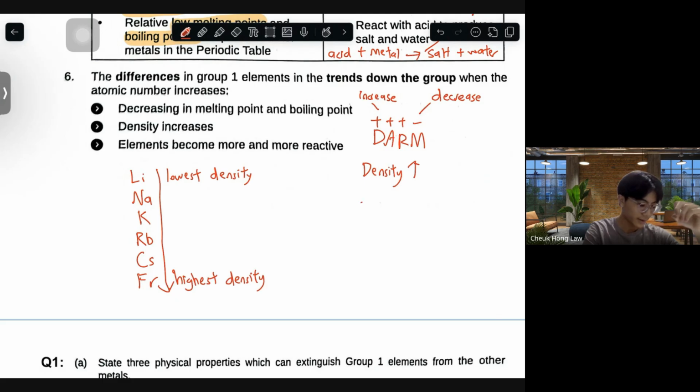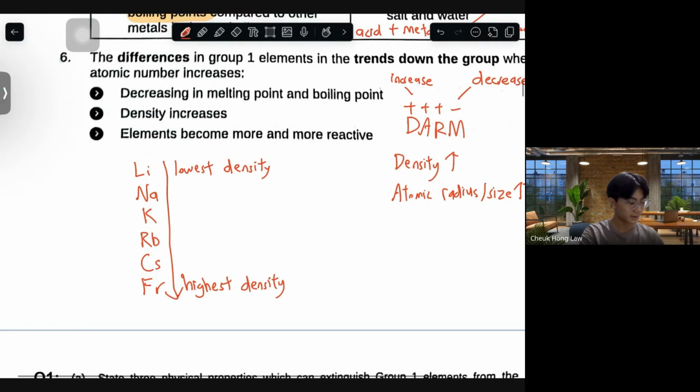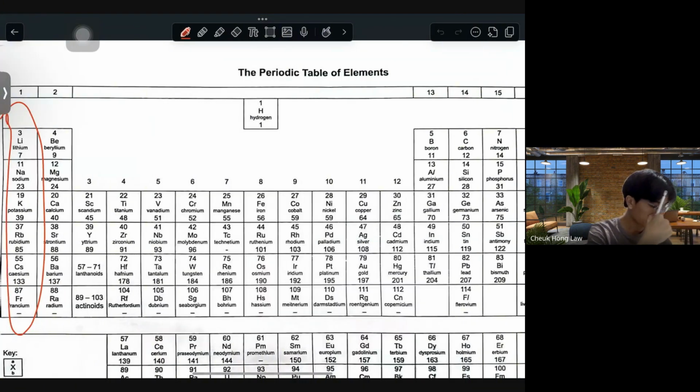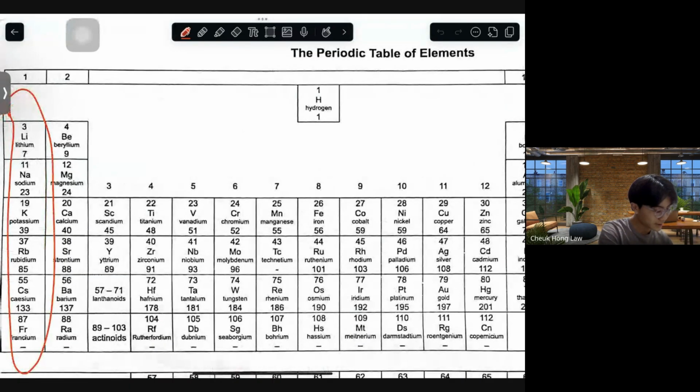What is A? A is atomic radius. Okay, or atomic size. So what exactly is atomic radius? We know that as you go down the group, right, the number of electron shells increases. How do I know this? Look at lithium. Lithium has three electrons, right?